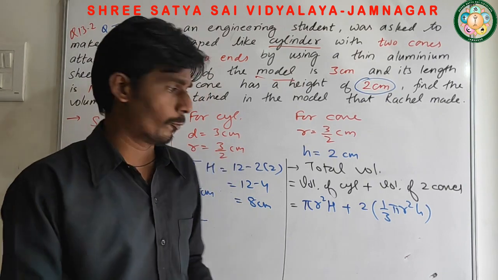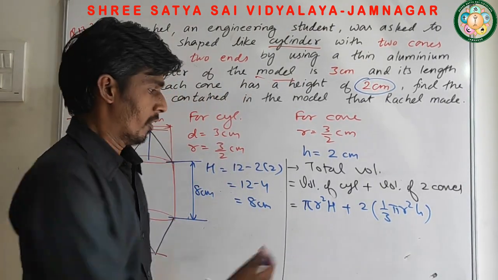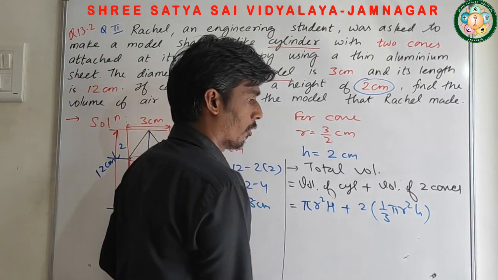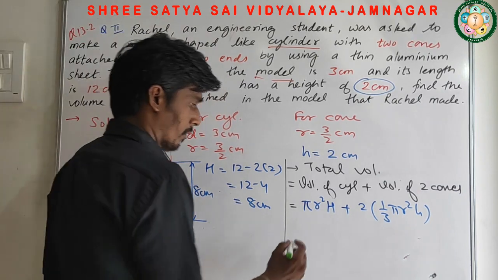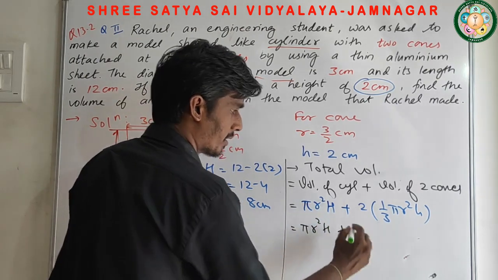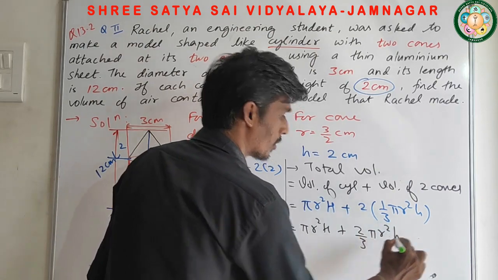Now you have to be very careful while replacing the value of this small h and capital H. For capital H, I am going to use 8 centimeter. For the cone, I am going to use small h. So first of all, pi r square H plus 2 by 3 pi r square small h.